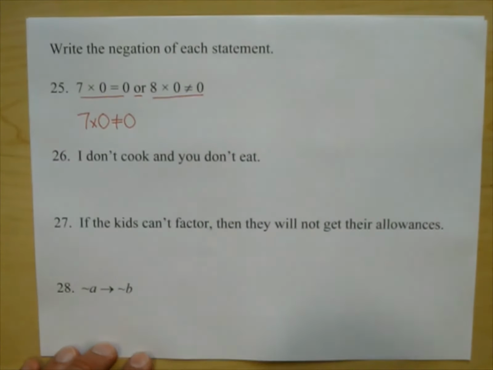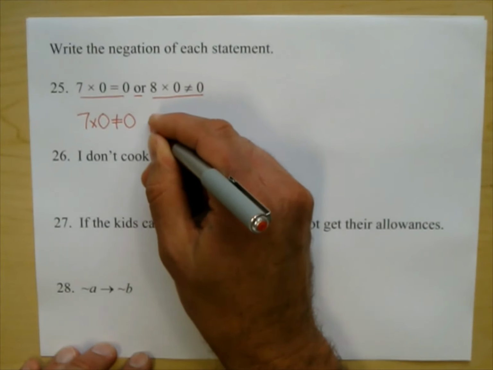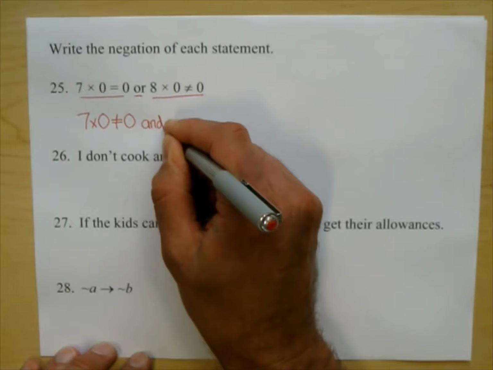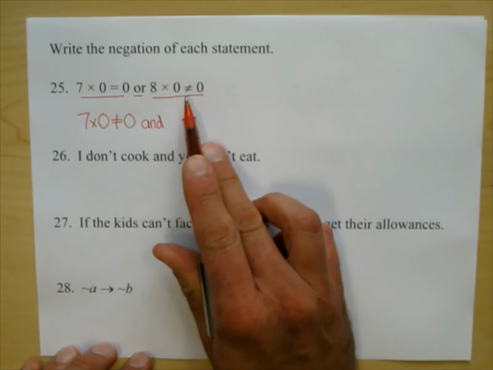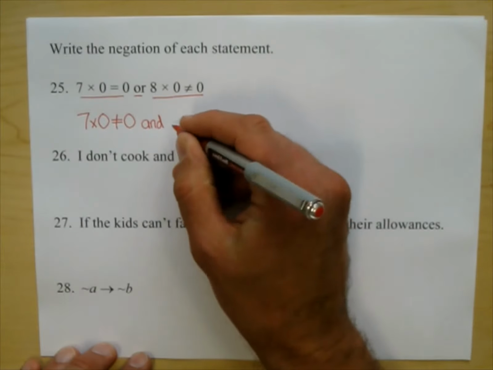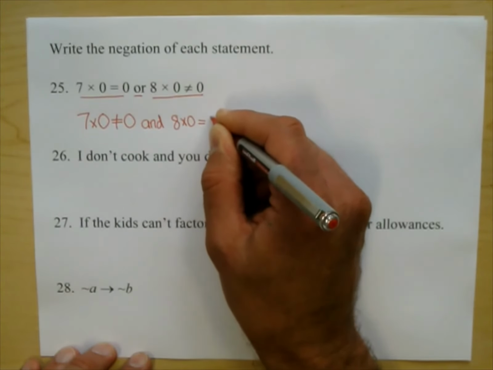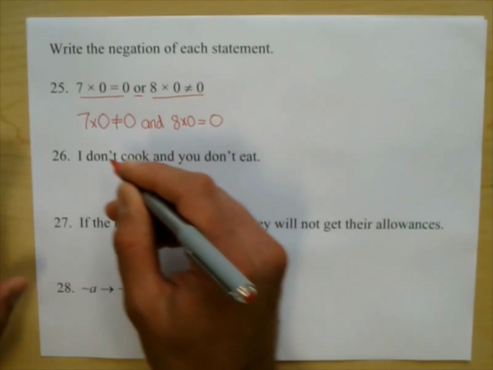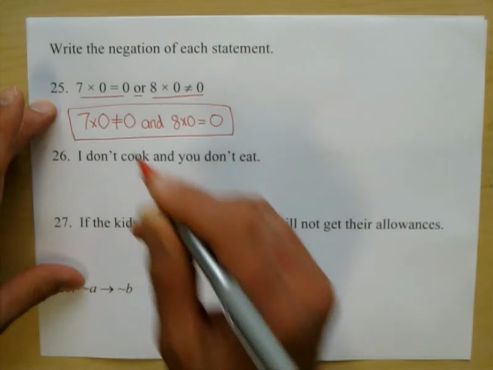Negation of or is and. Negation of 8 times 0 does not equal 0 is 8 times 0 equals 0. And so there's our answer. So we use some De Morgan's laws.